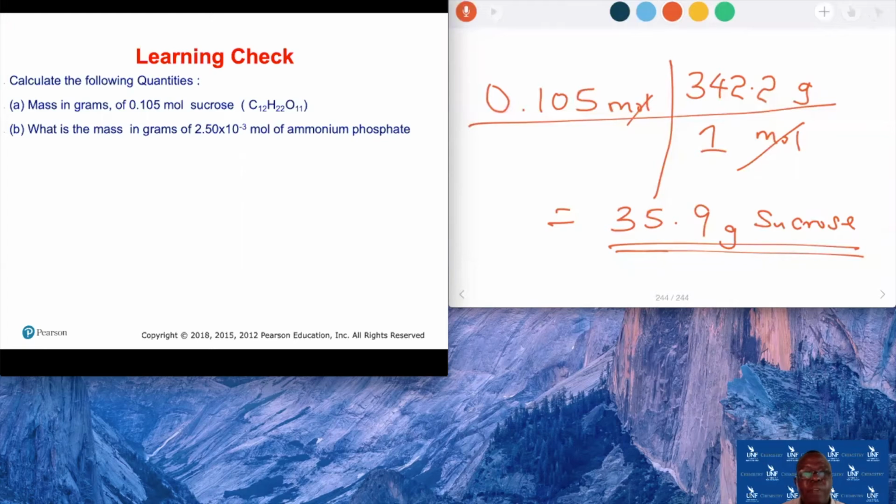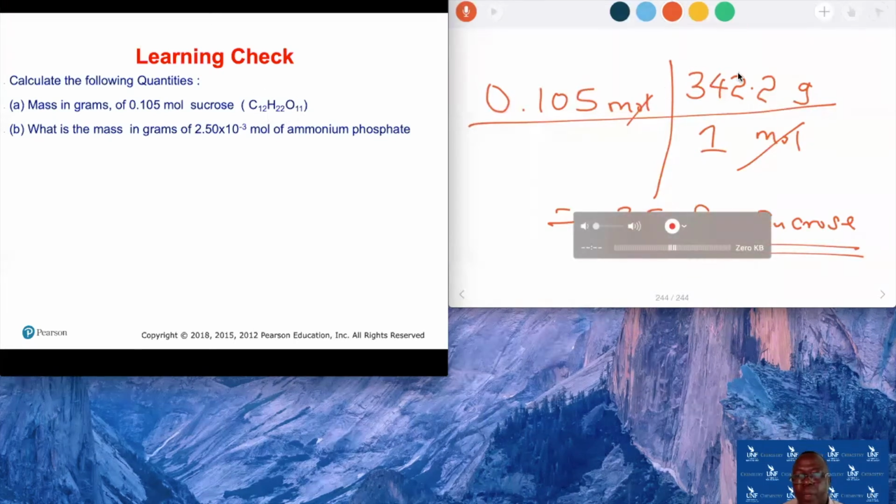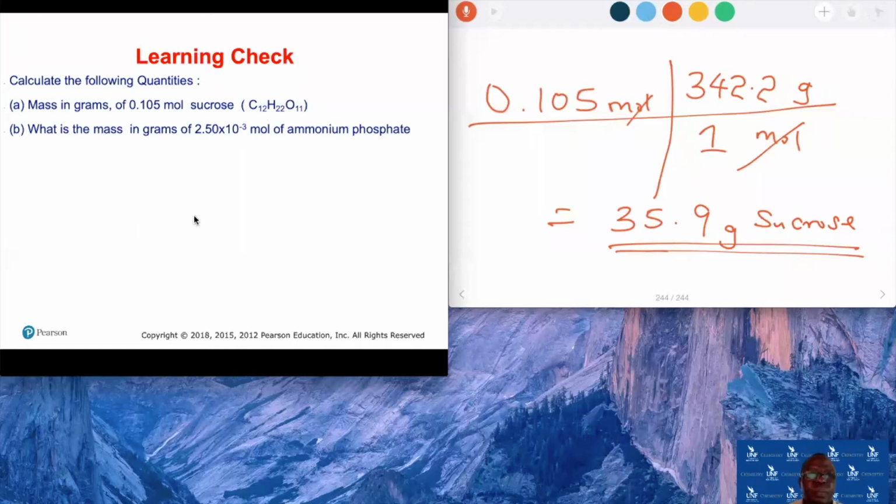Sometimes you may be given the molar mass, such as 342.2 grams, to save time. I look at the problems and give you extended time if you are to use the periodic table. I have to account for time on how to find the molar mass so that you have the correct value. So here you are given the formula.